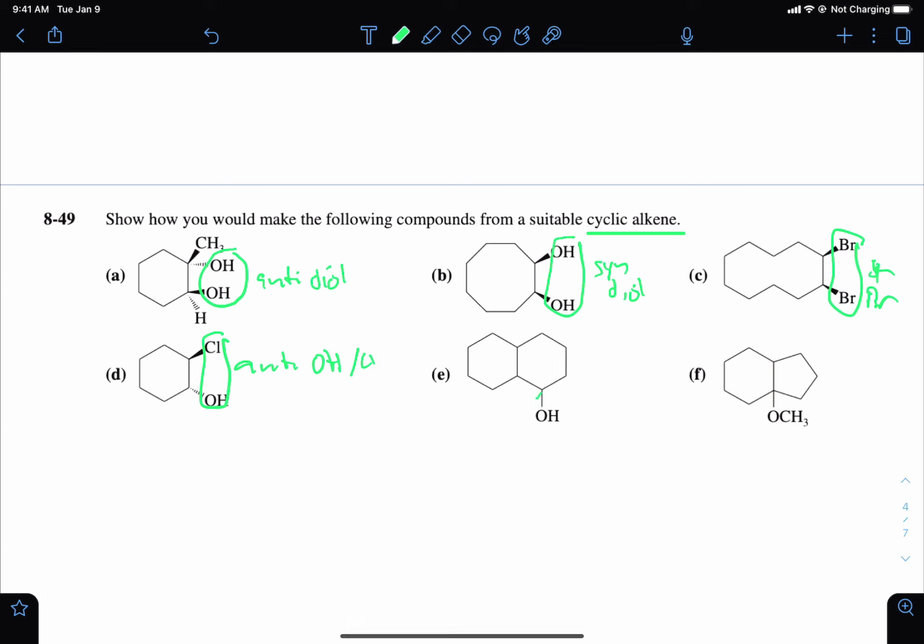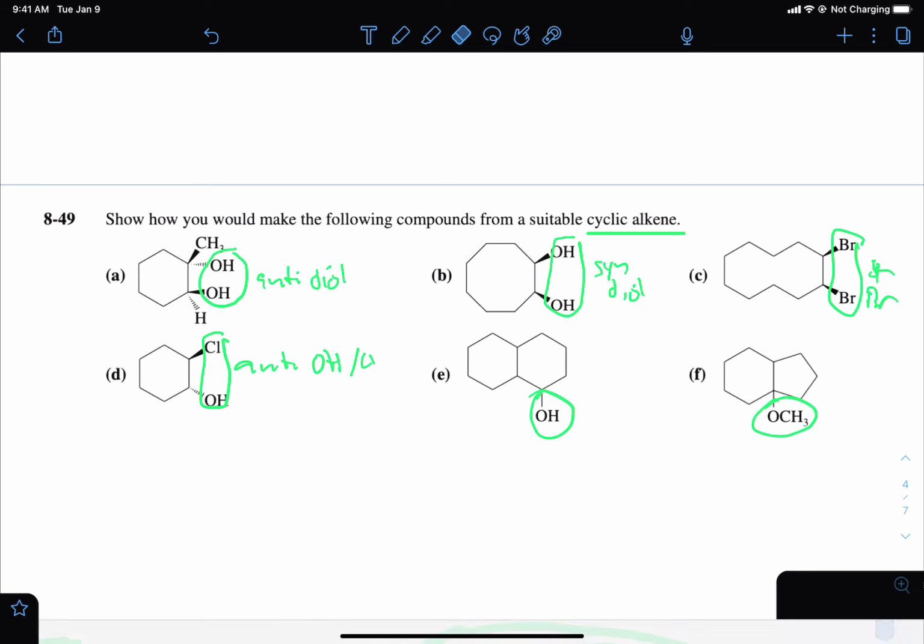We've just got a plain old OH and an OCH3. Okay. So every one of these patterns has shown up in a reaction that we've learned already.